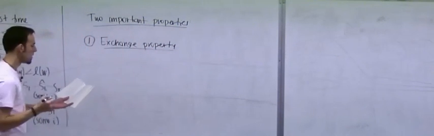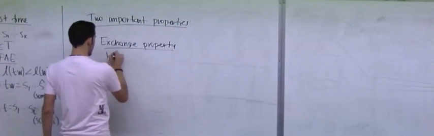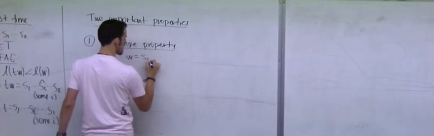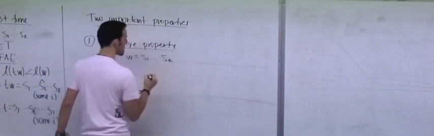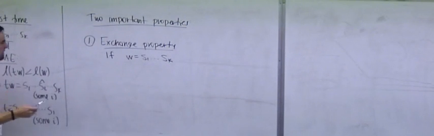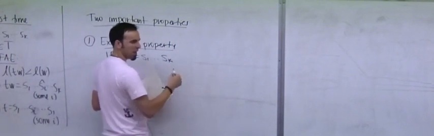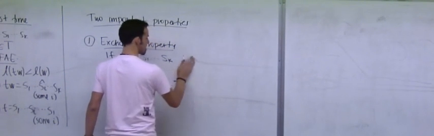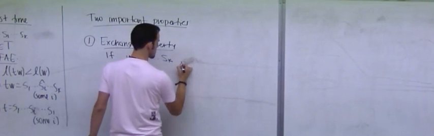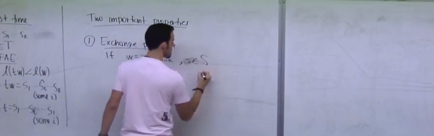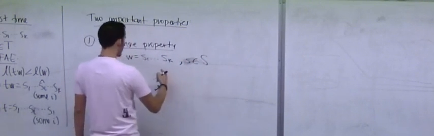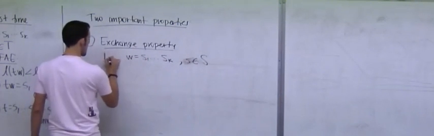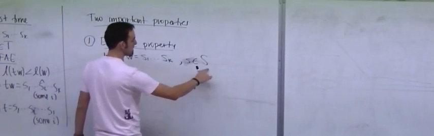What that says is: let W be an element of the group, written in this way, S1 up to Sk, and S is a generator.